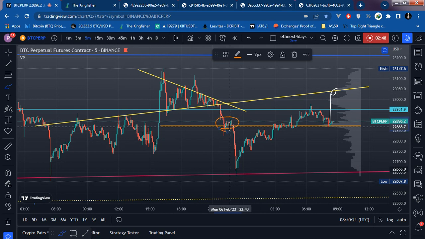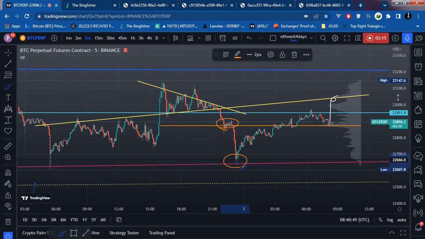It could not even hold this. It bounced lower here, where the pink line is, which is the bottom of our wedge, and that's why it bounced back up. It regained this support, and now we might spike up here to the bottom of this pennant that we had before. Just a retest here, maybe at market open, or even go higher a little bit, and then we come back down.